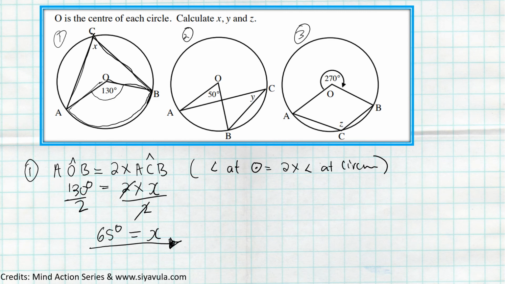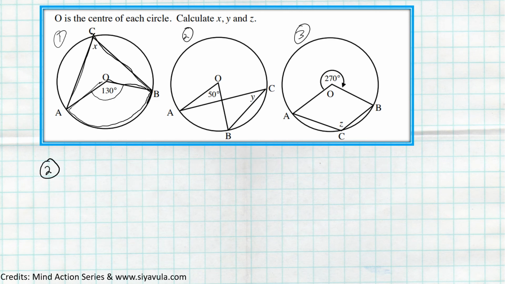Okay, that is fairly easy if you know the theorem. Let's go to number 2. For number 2, they want you to solve for y. We said x is 65 degrees, and now we want to solve for y. You must be very careful with this kind of diagram. A lot of people tend to make mistakes, especially when we do this theorem.